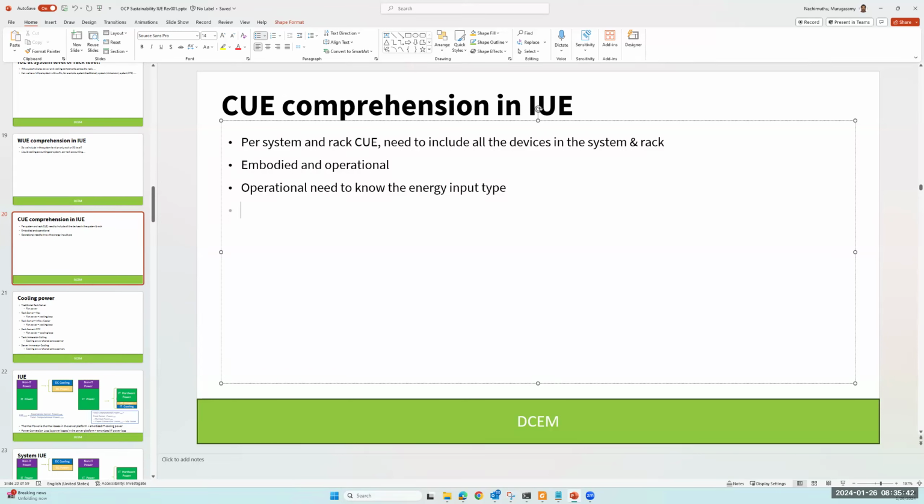What I'm saying is, let us say you say 50 megawatts or whatever the number is, or per system level, you say it's 5,500 watts or something. Then depending on the energy type, can we automatically apply the factor and say this is how much the operational CUE for it is going to be?